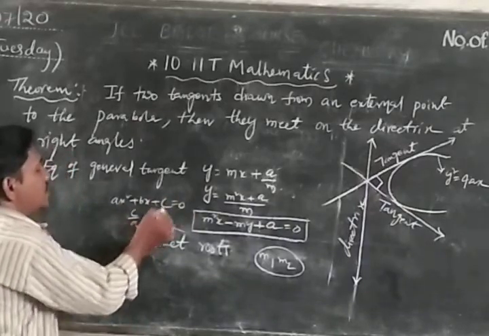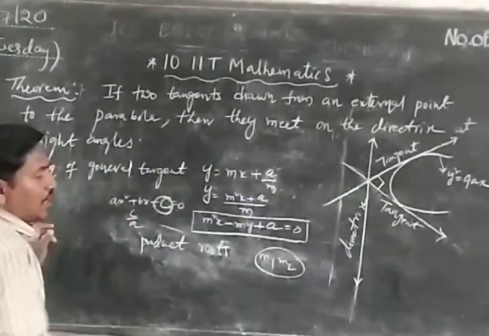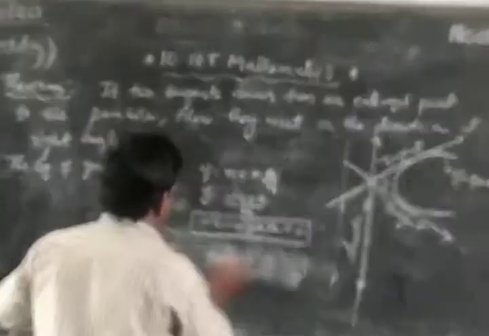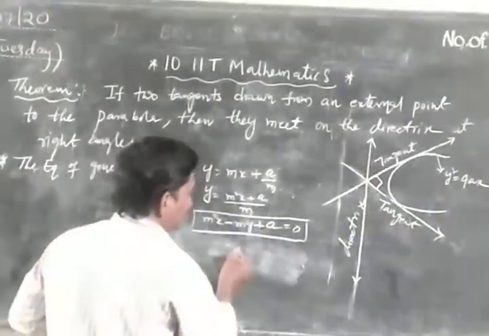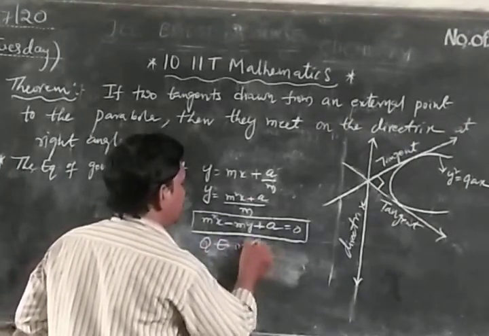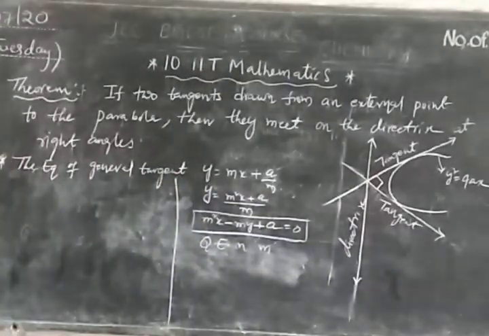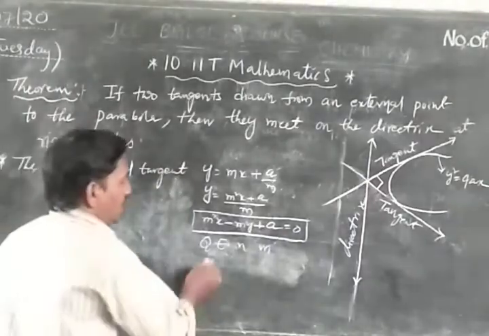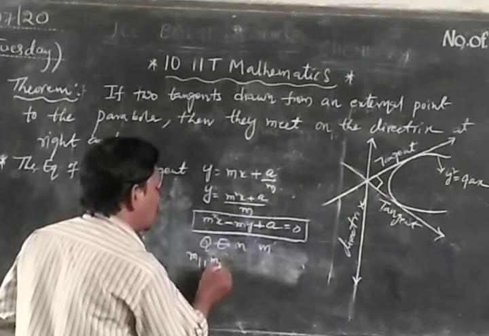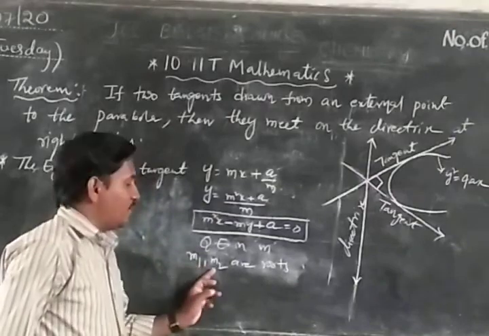C by a, that means the constant value over the coefficient of x square. So here, in the quadratic equation in m, m1 and m2 are the roots.